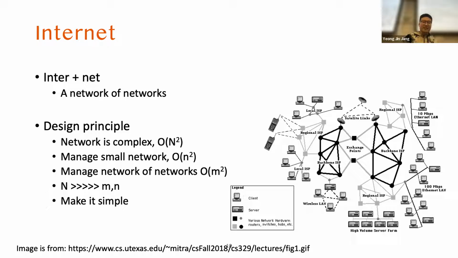So the concept is keeping N and M small. The implication is that, as I told you, in the 1970s making it work was the most important thing. To lower the complexity and make it work, they needed to make it simple.